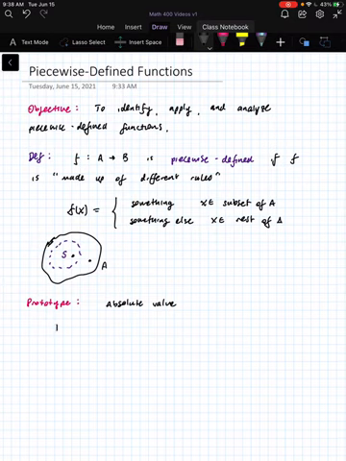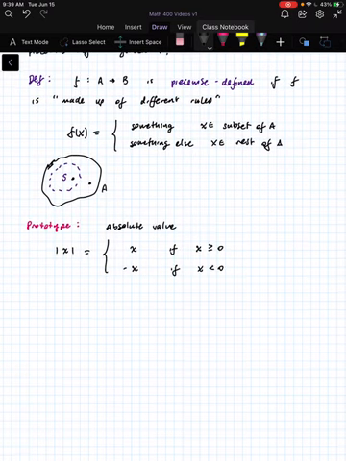So the absolute value function, which we call bars containing x, is actually defined piecewise as x if x is greater than or equal to 0, and negative x if x is less than 0. So we have two different rules depending on what side of the x-axis we're on.